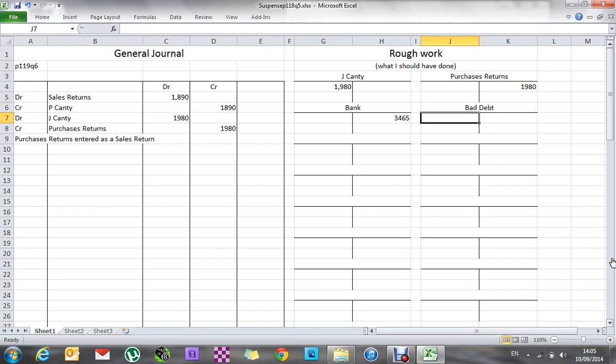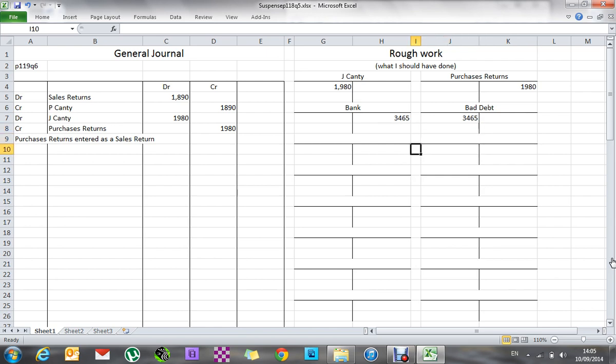So a bad debt is an expense, so that should be in the debit, okay? So 3465. If I found out that the guy, we phoned him and he said, I will pay you the money that I owe, well then we wouldn't have a bad debt. We'd be putting it back into the debtor's account saying the debtor owes more money.